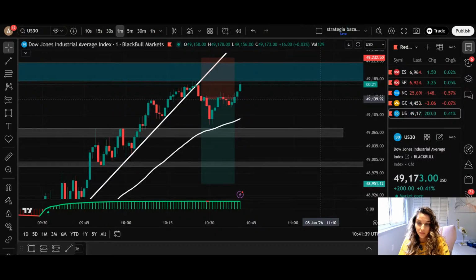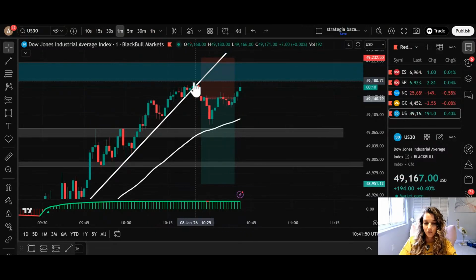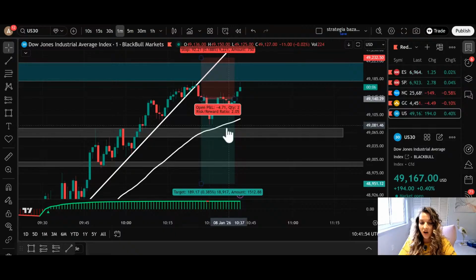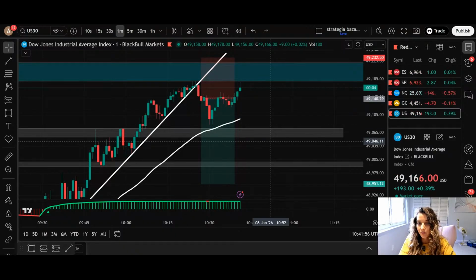Immediately after the EMA break or after the rejection? Depends. If it's a strong one, right here, this is a rejection of the support. I will take it after the EMA break, but a break is a full bearish candle below, not just a wick or a close.